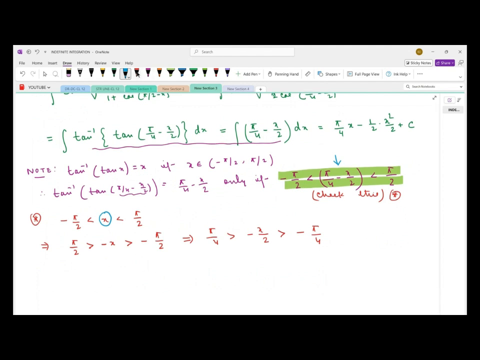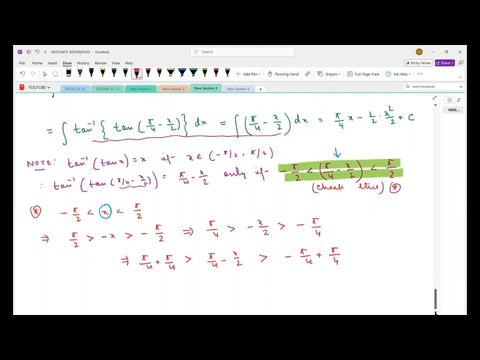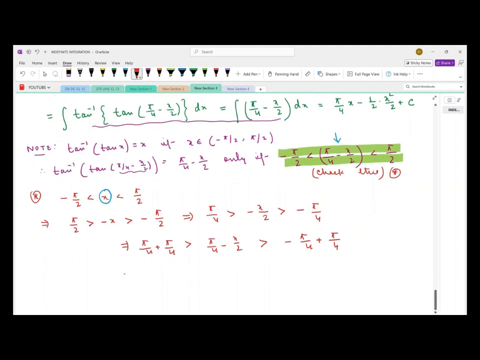Okay. So now let me add pi by 4. So pi by 4 plus pi by 4 greater than pi by 4 minus x by 2 greater than minus pi by 4 plus pi by 4. So what do we get?